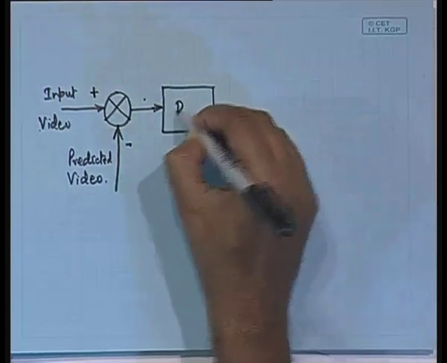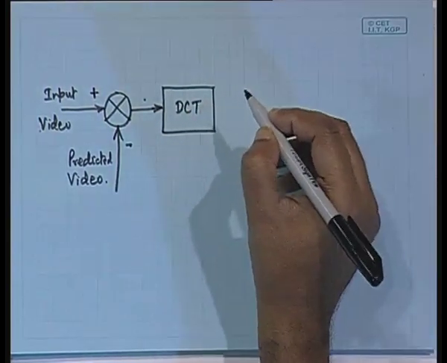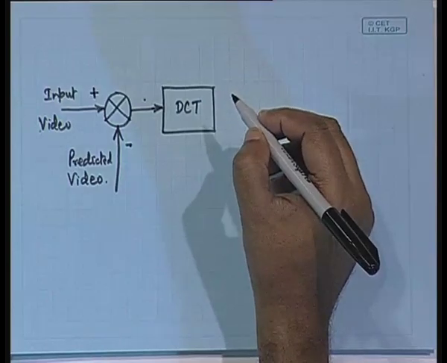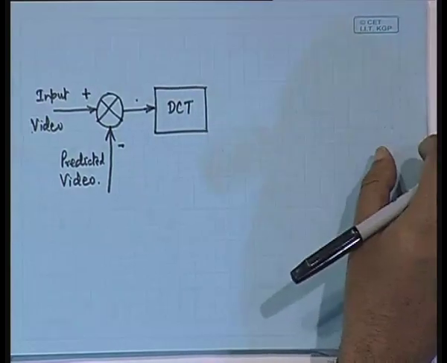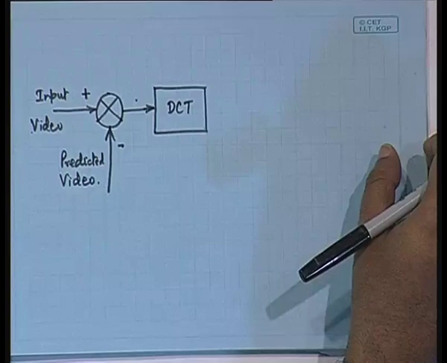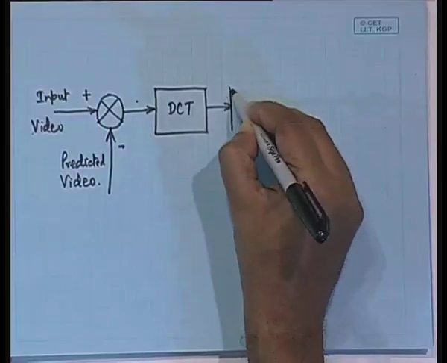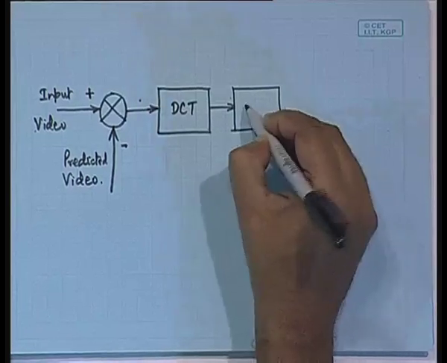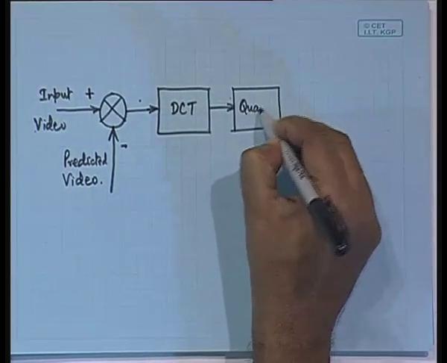Let us say DCT, because again DCT is the coding technique that has been used in all the popular video coding standards that have evolved to date. I will be mentioning the video coding standards very shortly, but DCT is just a specific case of the transform that one can use on the residual signal, and this DCT has to be followed by a quantizer.